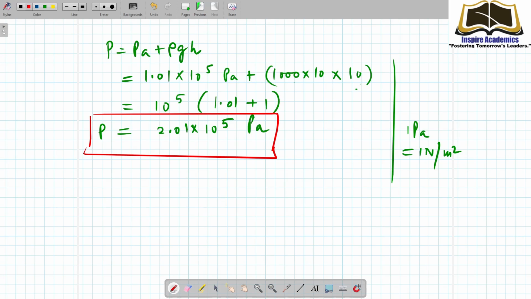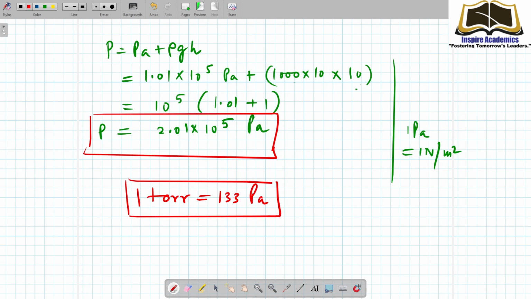There are other units. You can just note them. 1 torr is equal to 133 Pascal. So torr is also a unit of pressure measurement.